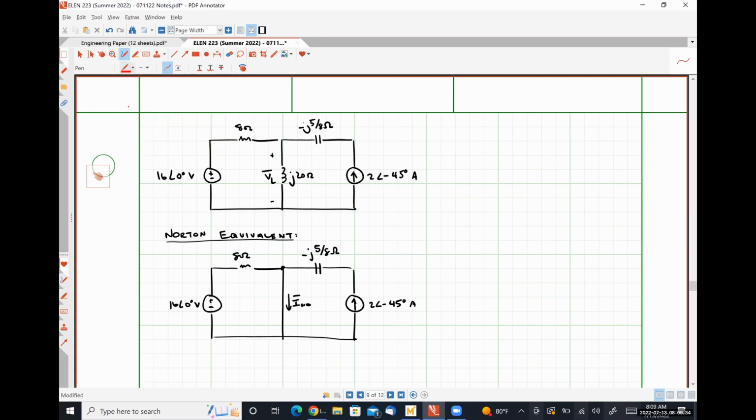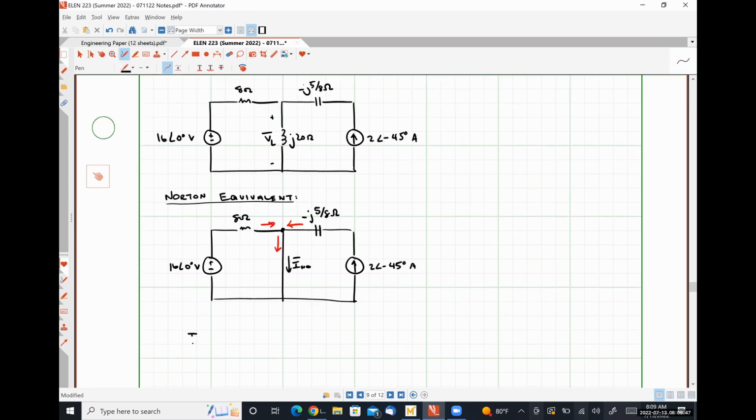So effectively, I'm saying that this current flowing in plus this current flowing in has to equal this current flowing out of the node, which happens to be I Norton. So writing that KCL expression, I get I Norton is equal to 16 angle 0 degrees volts divided by 8 ohms plus 2 angle negative 45 degrees amps.